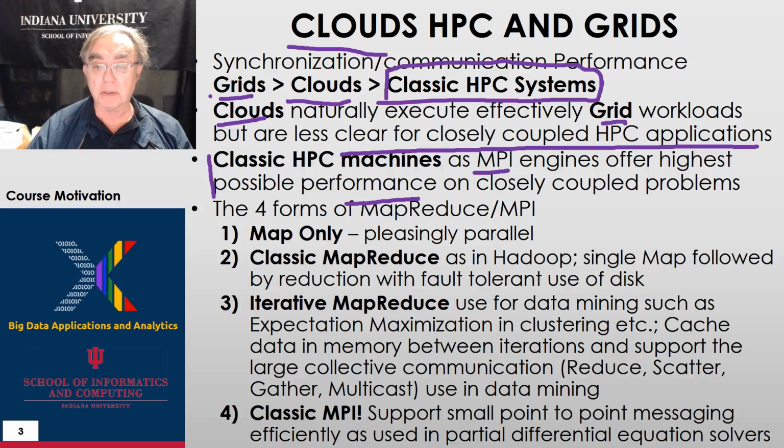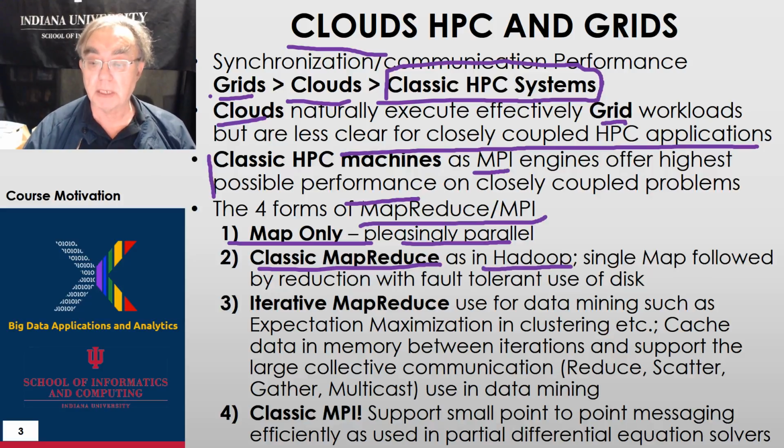We'll now look at MapReduce and MPI, and at this hierarchy. Map only is the pleasingly parallel case. Then classic MapReduce, which is done in the basic version of Hadoop, is a single map followed by a reduction using disks to communicate between those steps. The use of the disk gives fault tolerance, but slows down the system.